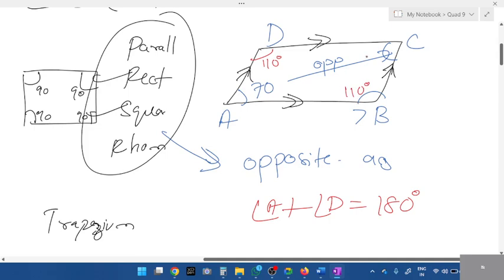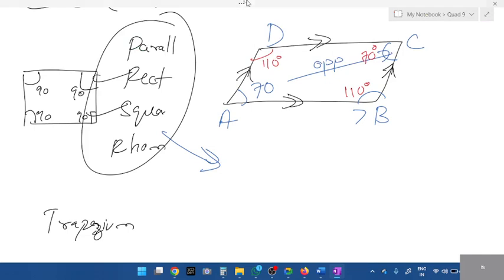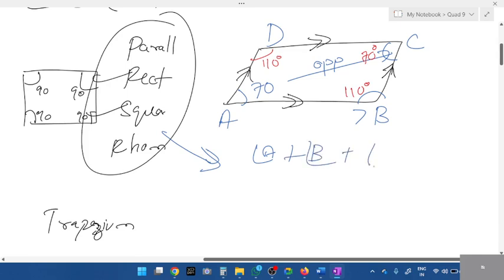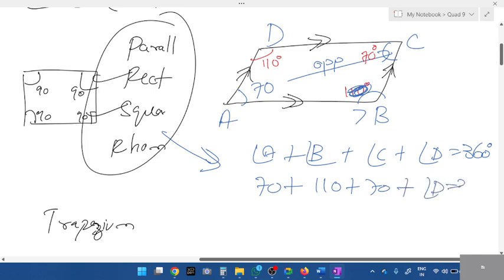If A is 70, C is also 70. Any quadrilateral, what is the sum of its angles? 360 degrees. Angle A plus B plus C plus D is equal to 360 degrees. If any one value is missing, for example they won't give this 110, how will you find it? 70 plus 110 plus 70 plus angle D is equal to 360. Add all these three and complete it. Understood?